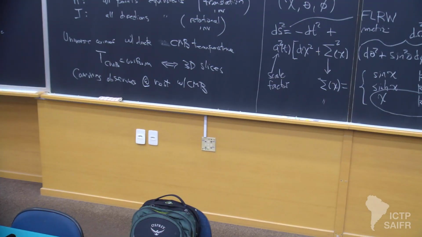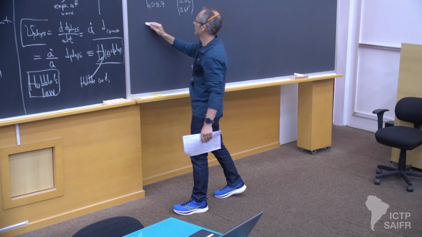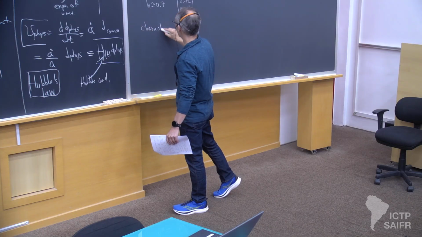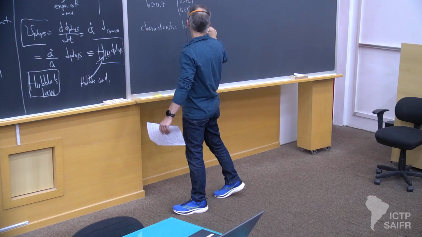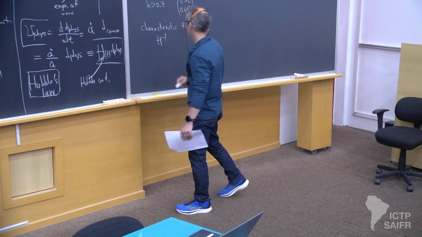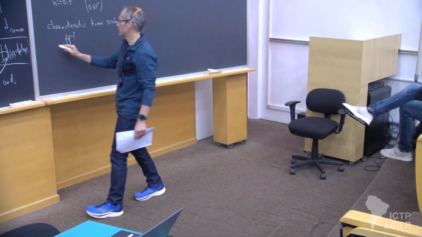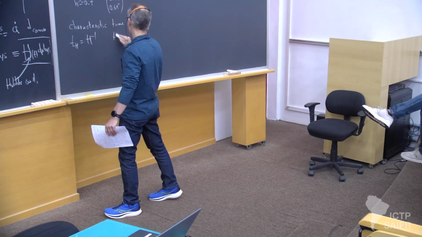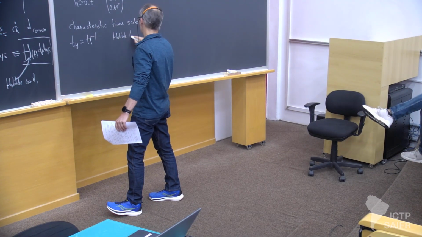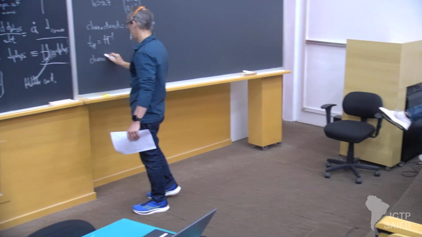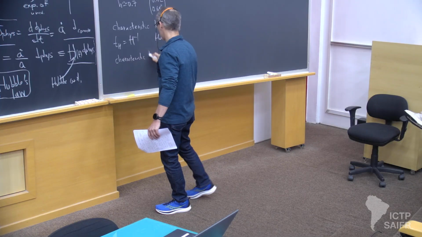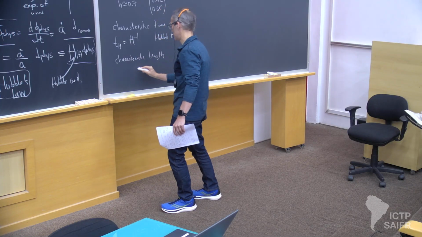Now, remember, the Hubble constant tells you the expansion rate of the universe. A characteristic timescale is 1 over the Hubble constant. That's what we call the Hubble time. And from here, we can define a characteristic length scale, which is the Hubble radius.